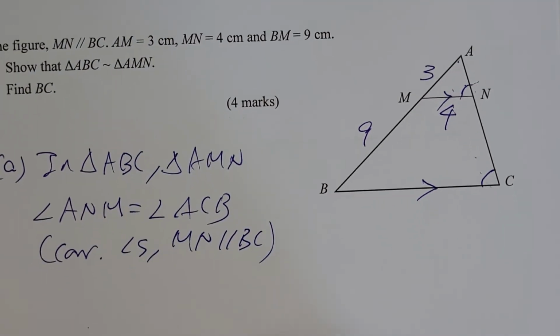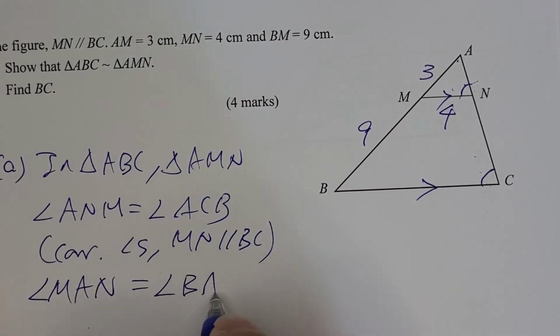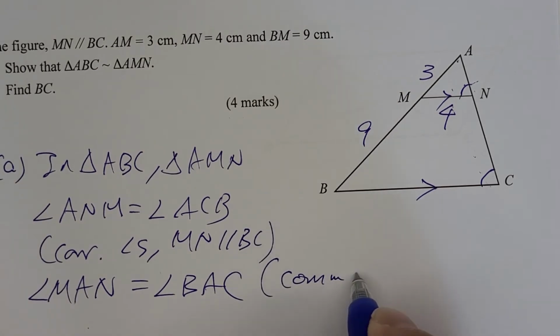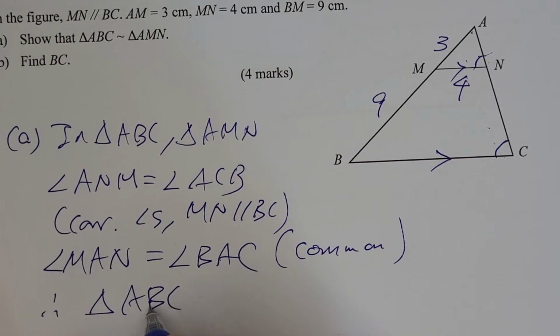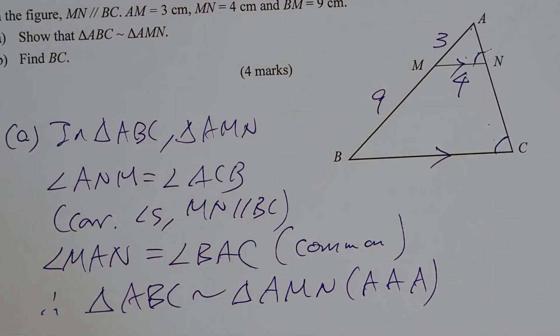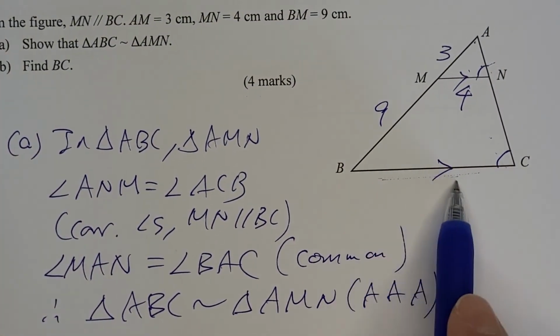And second, angle MAN is equal to angle BAC. Reason, common angle. So therefore, these two triangles are similar. Reason AA.